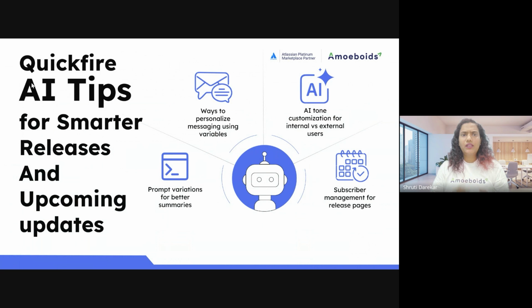Just some quick AI tips and our upcoming updates. As I showed you, you can use custom prompts as well. So be very creative with your custom prompts. Use different variations depending on your stakeholders, depending on the tone that you want your output in, to get more intelligent and better summaries than the default prompt, because the default prompt is going to give you the base summary.